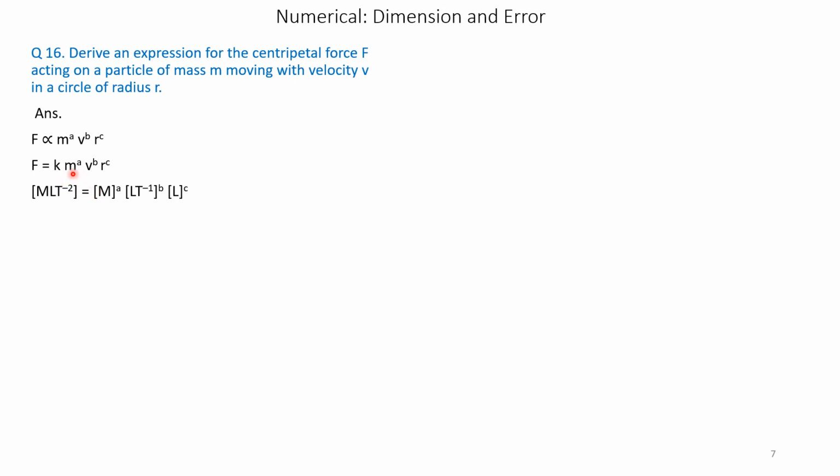Therefore mass m is capital M to the power of a, velocity v is (L t^-1) to the power of b, and radius r has dimensions capital L to the power of c.